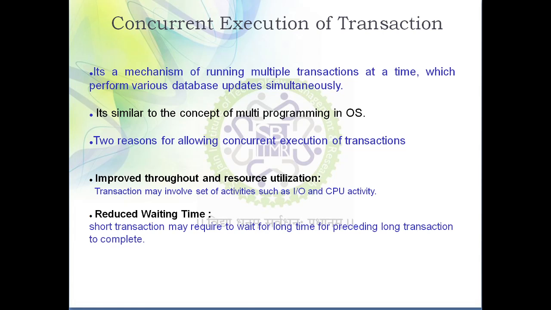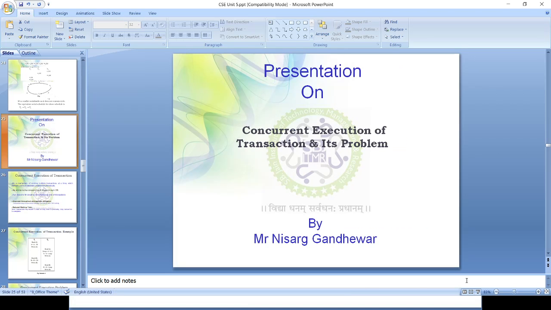The second reason is reduced waiting time. In a serial schedule, unless one transaction completes its execution, another transaction is not going to start, so obviously the waiting time is more. For example, transaction T1 requires 1 hour to complete its execution, and transaction T2 requires only 1 minute.